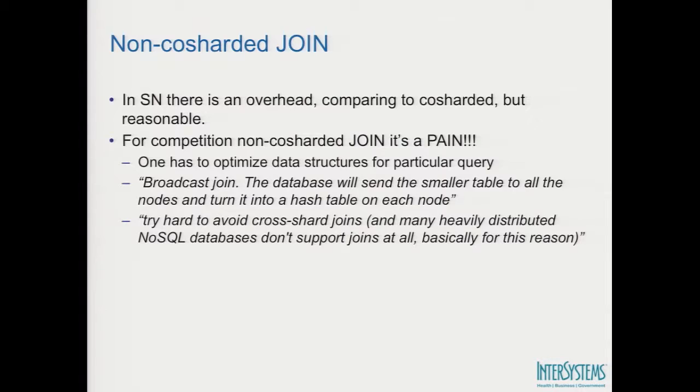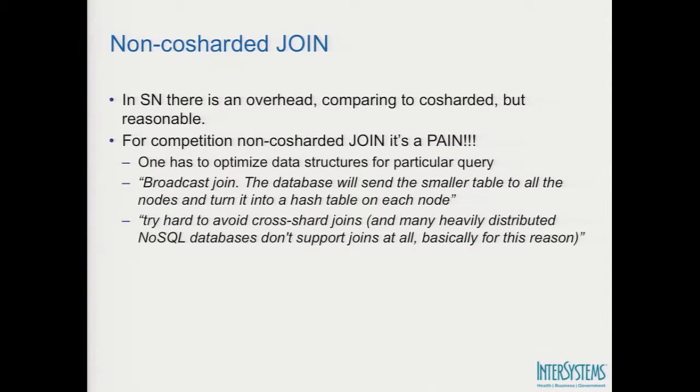Again, yet another quote from an industry think tank: try hard to avoid cross-shard joins. Basically, if you're looking at the other systems on the market, you have to very carefully plan your database architecture to make sure that most, if not all, queries that you're doing are co-sharded joins. Most of the queries, right?